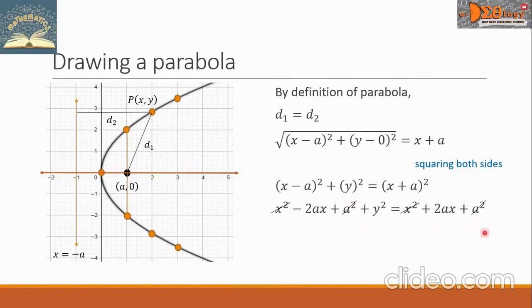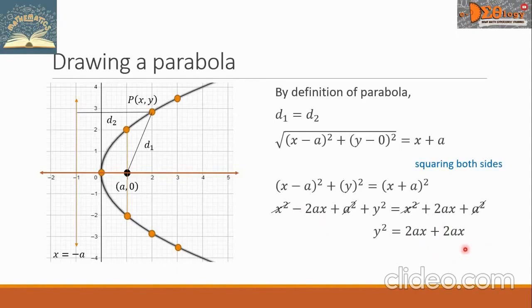Now, simplifying further, this negative 2ax we're going to transpose to the right. So from negative, it becomes positive. So we have now the left side as y squared equals this 2ax plus the 2ax.